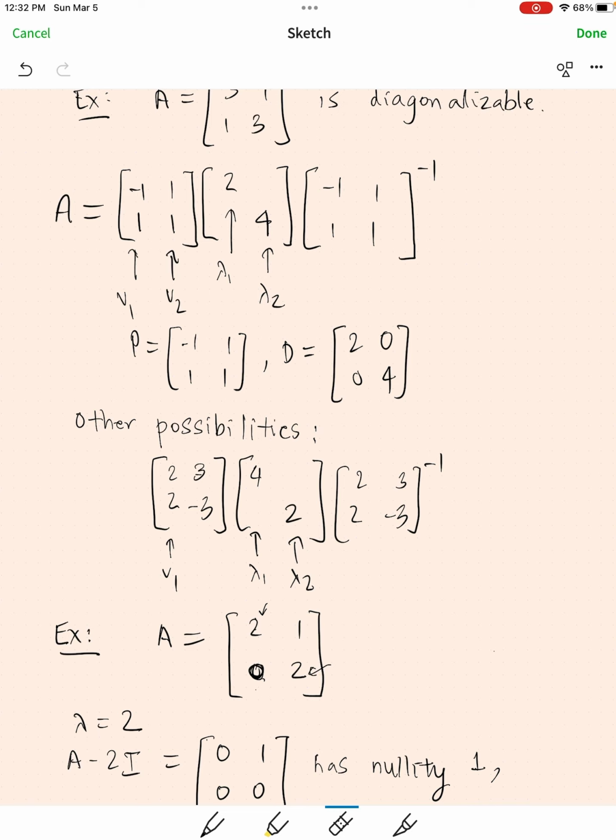And you can also just scale the eigenvectors, right?